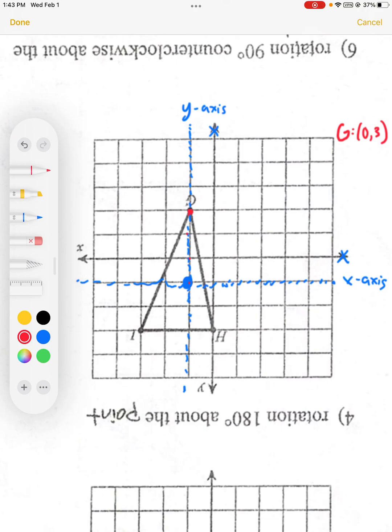Using similar logic, we can go over 1, down 2. Point H is going to be 1, negative 2, when we are using the point that we need to rotate around as the origin. We could also go over to point I, same logic, to get negative 2, negative 2.